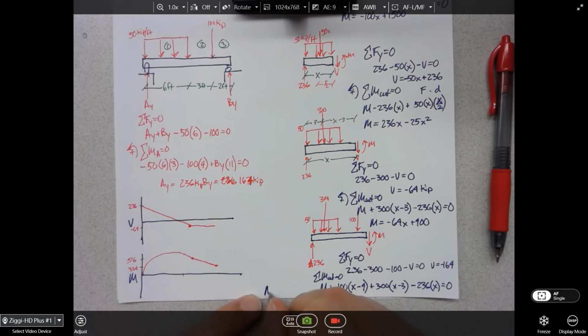So this tells us that the moment is going to be equal to negative 164x, negative 900, oops, yeah, negative 900 is negative 1800, plus 1800. Okay.